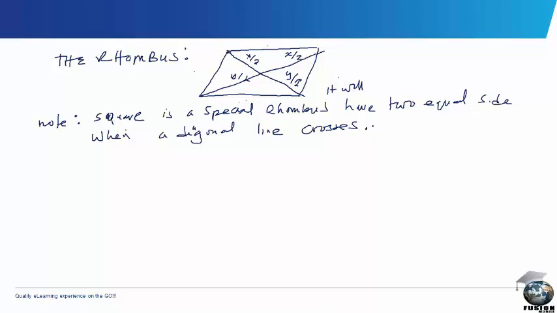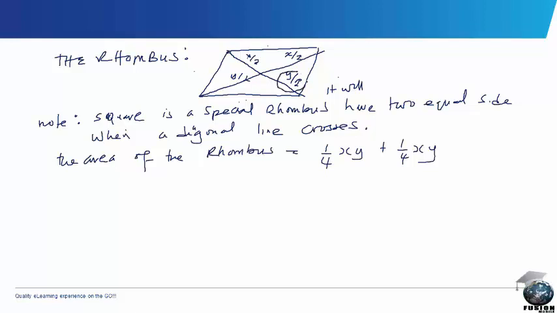And so how do you find the area of a rhombus? The area of a rhombus is obtained by multiplying and adding the diagonals. When you multiply and add the diagonals, you have the area of the rhombus, which is equal to 1/4 xy plus 1/4 xy. All we did was multiply these diagonal points on this one line, and then on this other line.